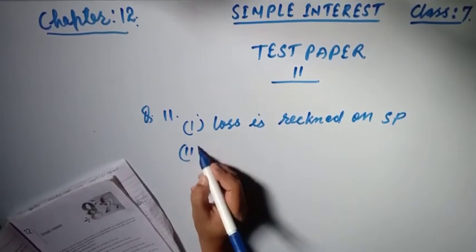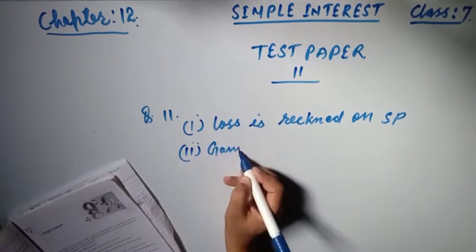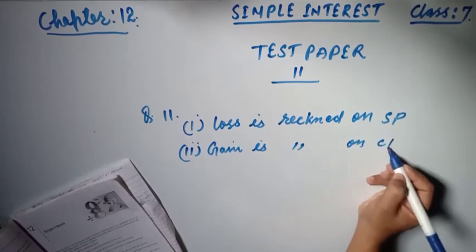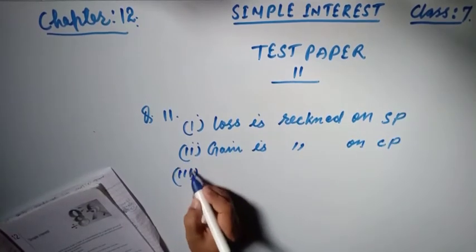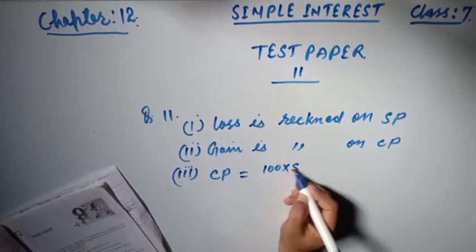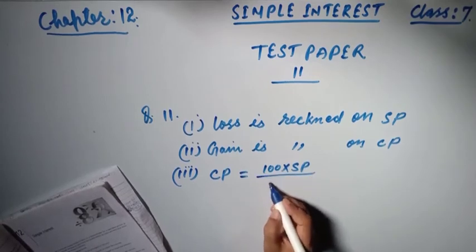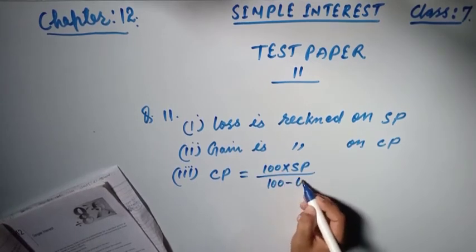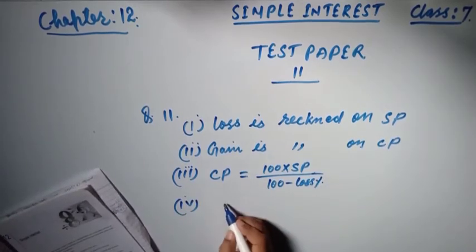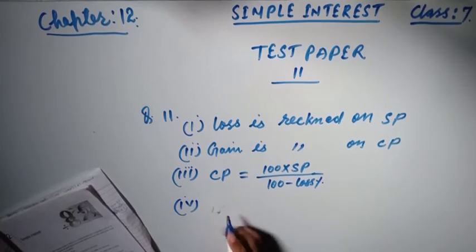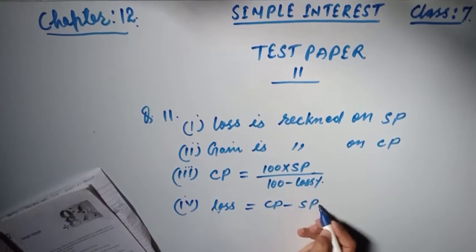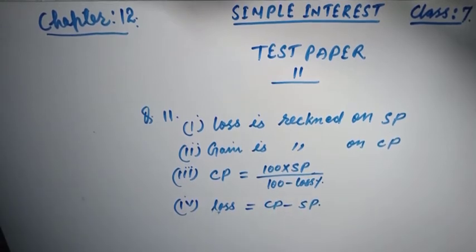The second one says: gain is reckoned on CP, cost price. And the third one says: CP is equal to 100 multiplied by SP divided by 100 minus loss percent. And the fourth says: loss is equal to CP minus SP. Now friends, this is the question that one boy has asked.